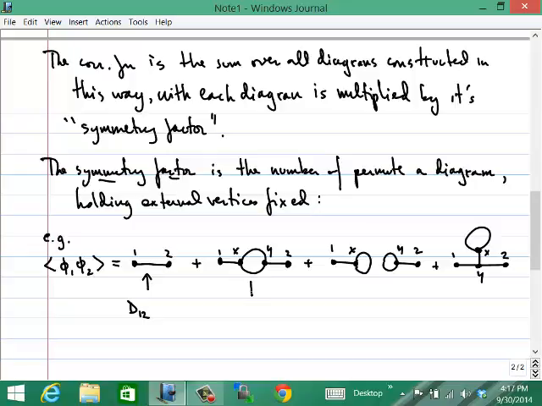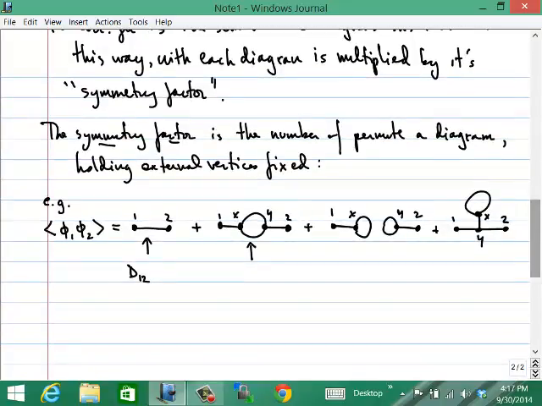Okay. So for example, this diagram has a symmetry factor of 2 because you can flip these vertices. You can flip those two propagators. Meaning that there's sort of 2 permutations, namely the trivial permutation where you don't do anything, and the non-trivial permutation where you flip those diagrams, so that there's 2 inequivalent diagrams where you can permute this diagram holding the vertices fixed.